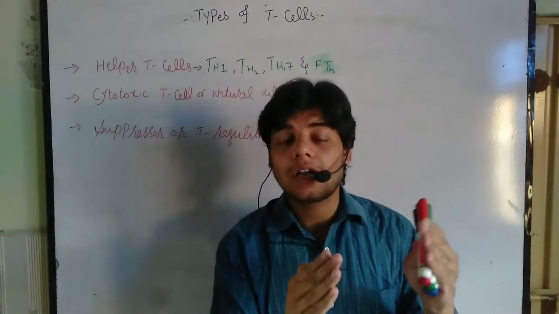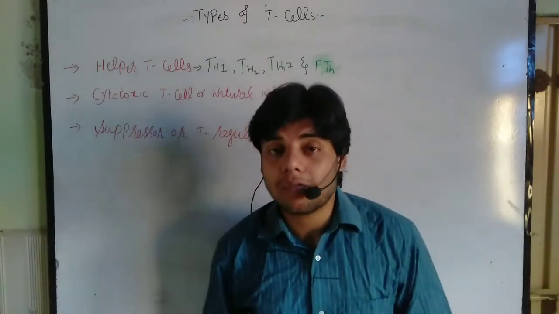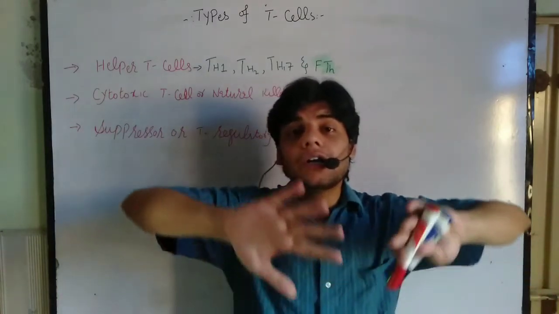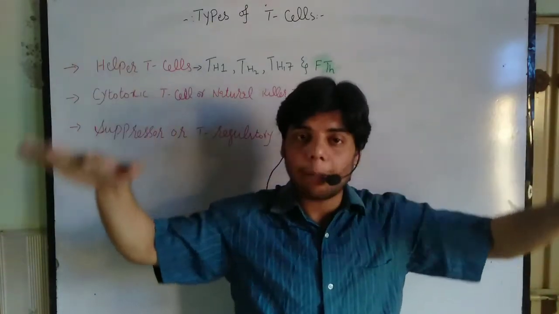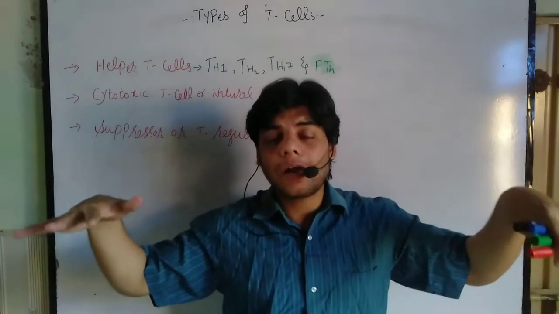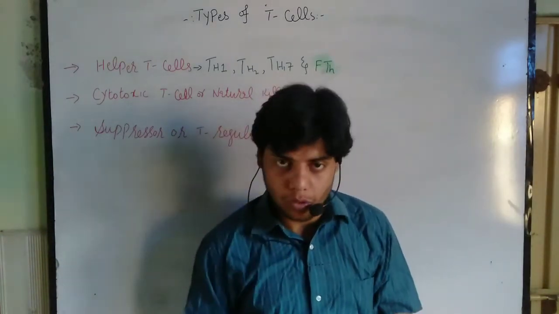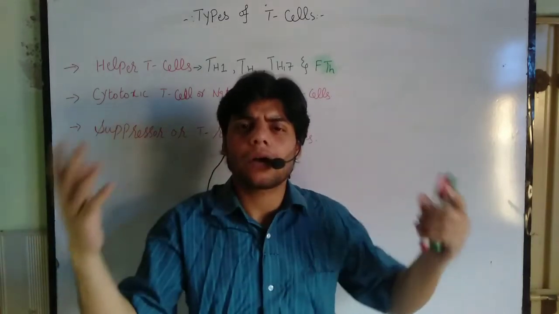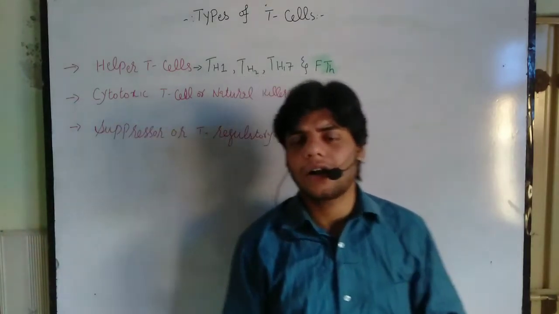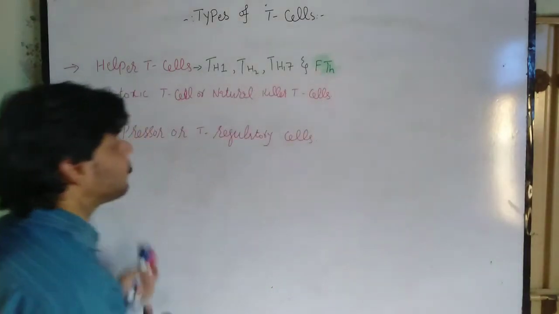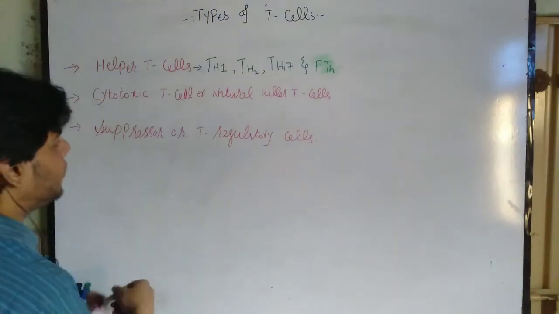These T regulatory cells secrete different kinds of interleukins, due to which the different immune cells are suppressed. Once they are suppressed, the autoimmune disease is under control, or the hyperimmune cell activation is under control. So this is the job of the T regulatory cell.